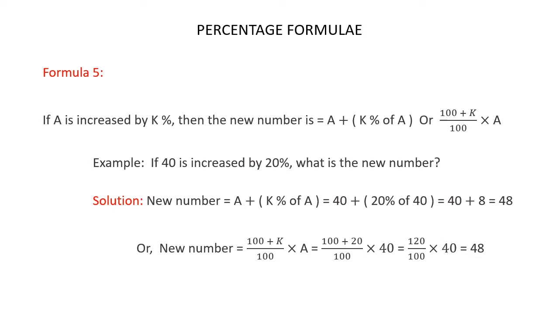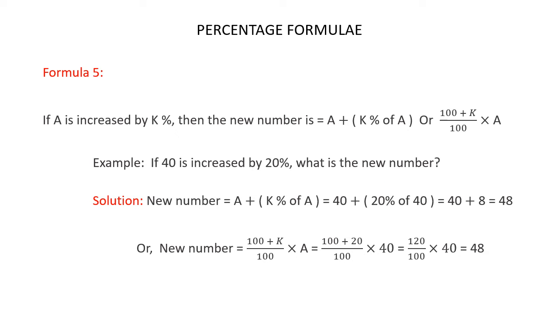That is, the new number is A plus k% of A, or the new number is 100 plus k divided by 100 multiplied by A. Let's understand this with an example. If 40 is increased by 20%, what is the new number?